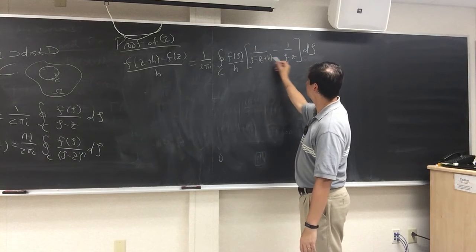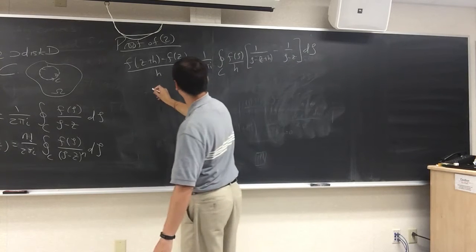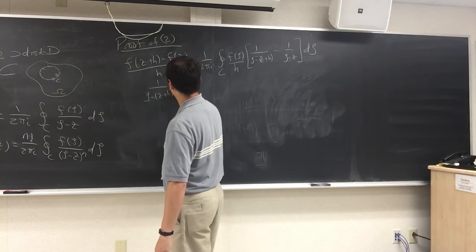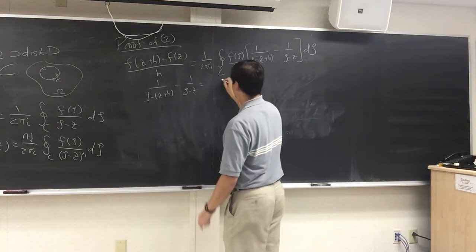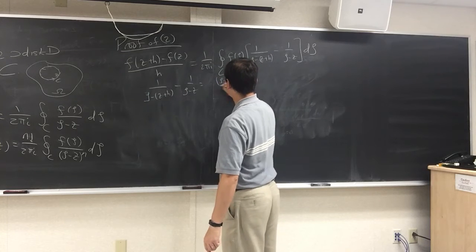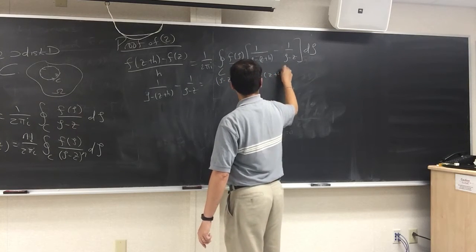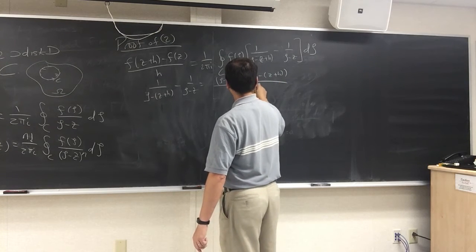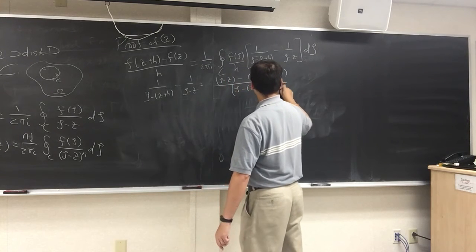This is a little bit easy to say because now we have this expression, we want to simplify this. So the bracketed quantity, 1 over (zeta - (z+h)) minus 1 over (zeta - z), I cross multiply and I'll get (zeta - z) minus (zeta - (z+h)) over (zeta - (z+h)) times (zeta - z).